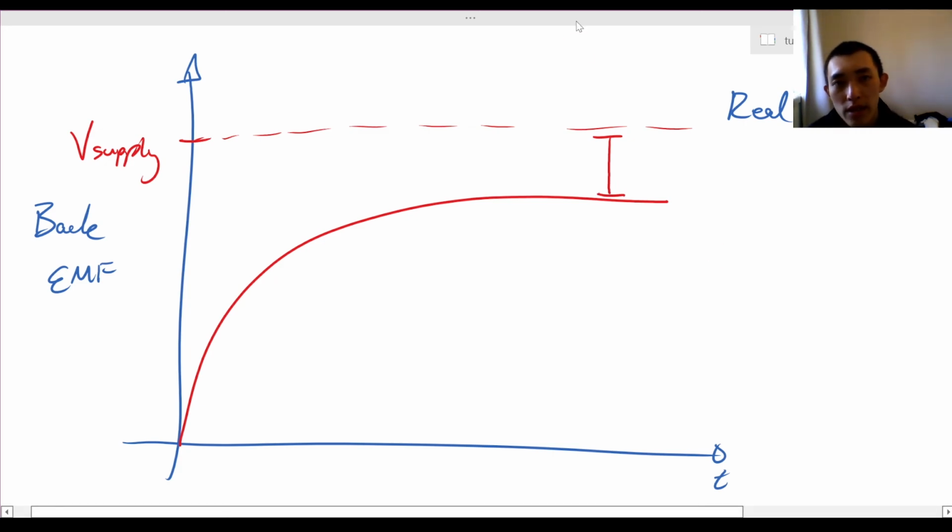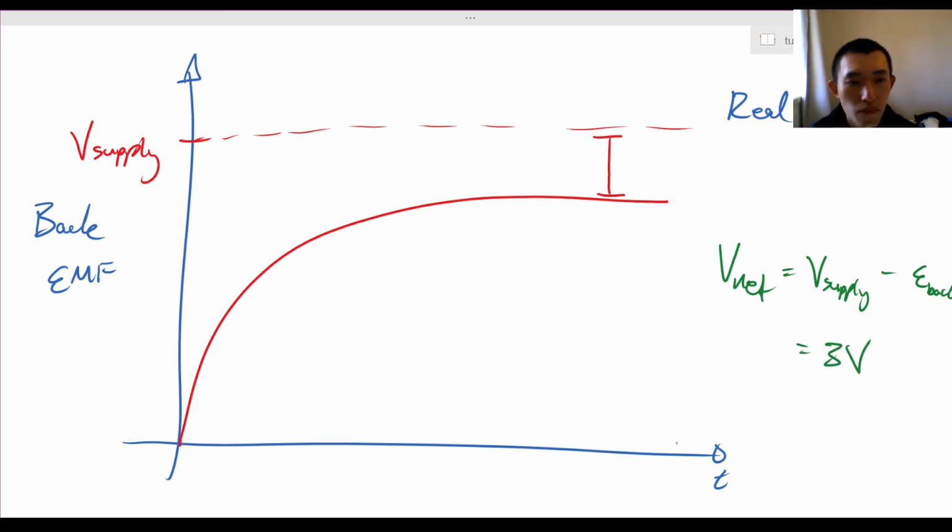Well, we know that V net is the V supply minus back EMF. So if we do this visually, this dashed line is our V supply. This red line is our back EMF. It's going to equal to some number, maybe let's say 3 volts.